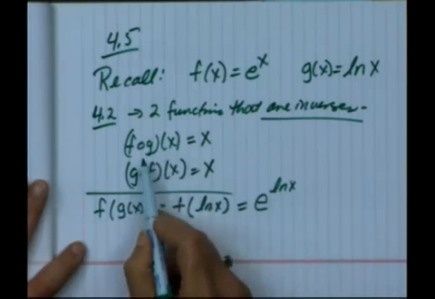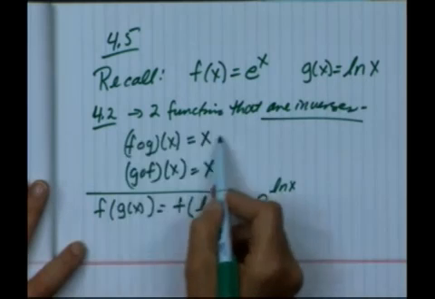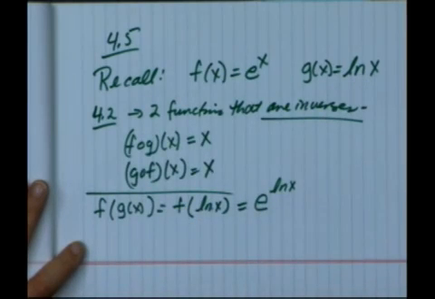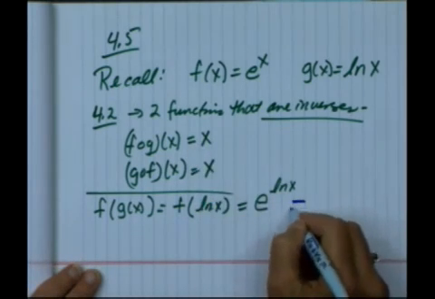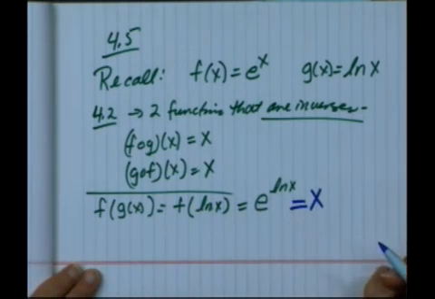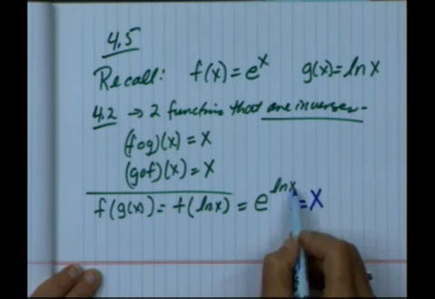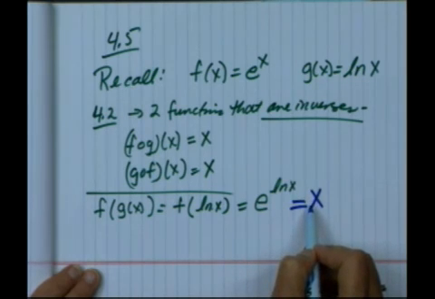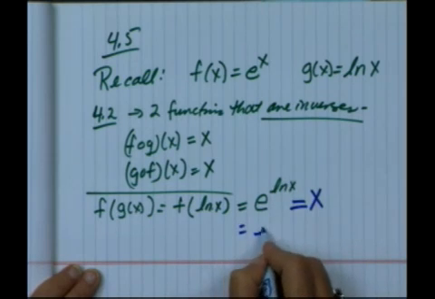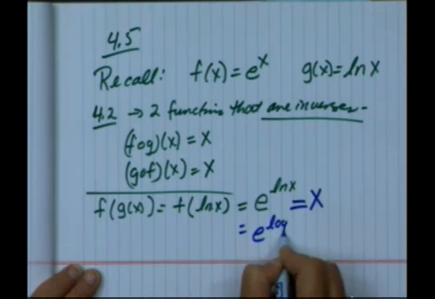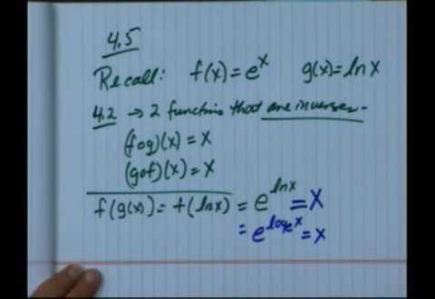But because we know these are inverse functions, and we had a theorem that said when you form that composition, this thing right here must be equal to x. So e raised to the natural log of x is equal to x. Remember, e to the log to the base e of x is equal to x.